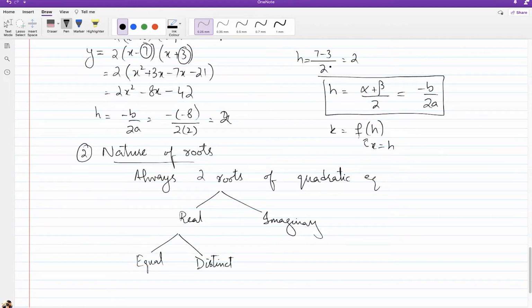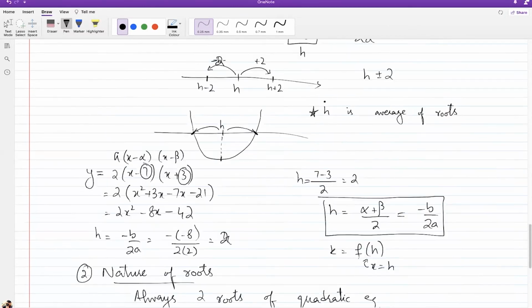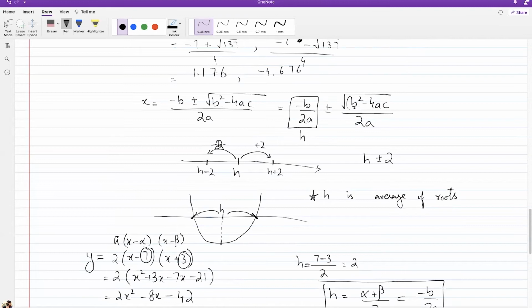Now there's a shortcut to find this out as well. And that is called the discriminant or determinant, and its formula is b squared minus 4ac. Wait a minute, isn't that from the quadratic formula? It is. Notice that this is a square root, and you know that a square root will give us three possible answers.